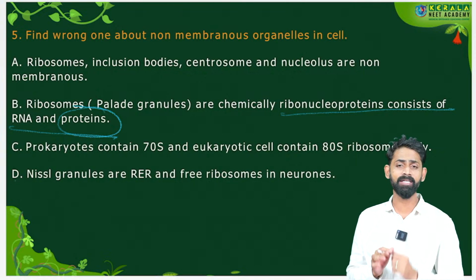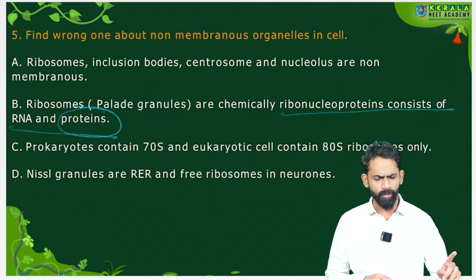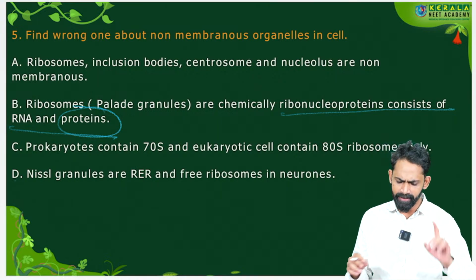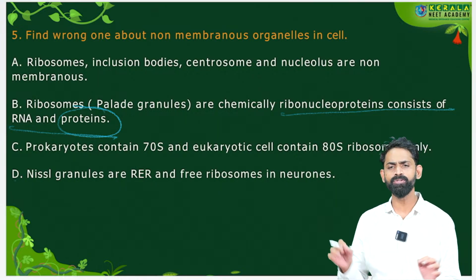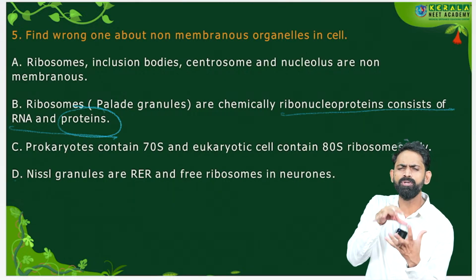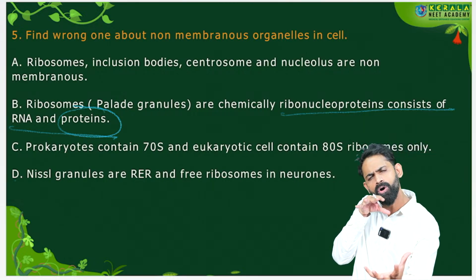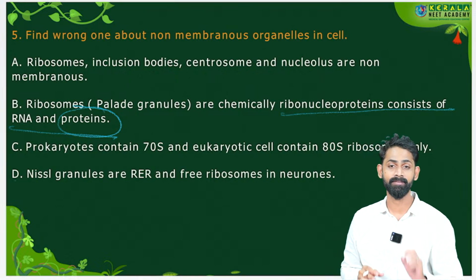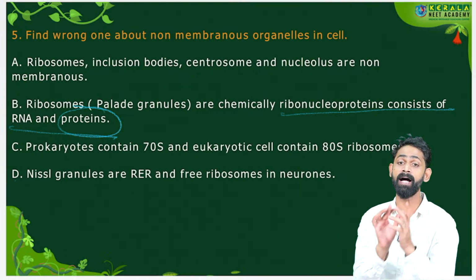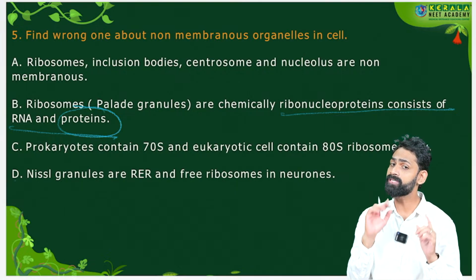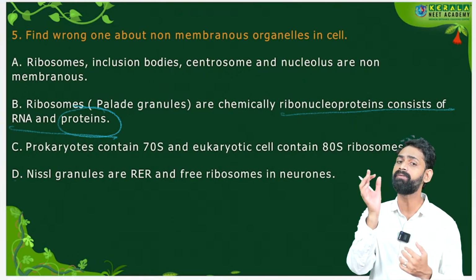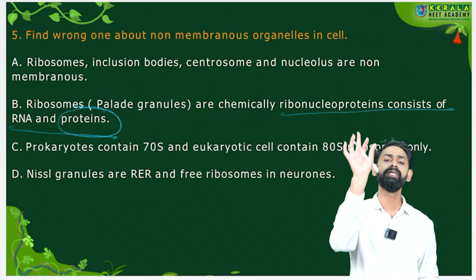Option C, just check one time. Prokaryotes contain 70S; eukaryotic cells contain 80S ribosomes only. Now it almost looks correct to most students. Prokaryotes containing 70S ribosomes is correct, but eukaryotic cells contain not only 80S, they contain both 70S and 80S.